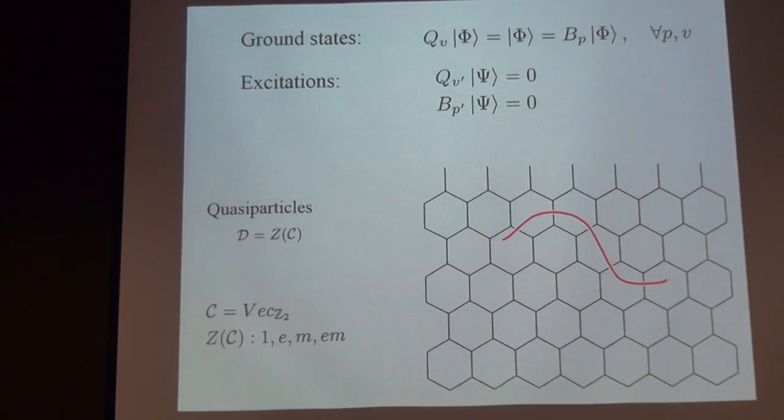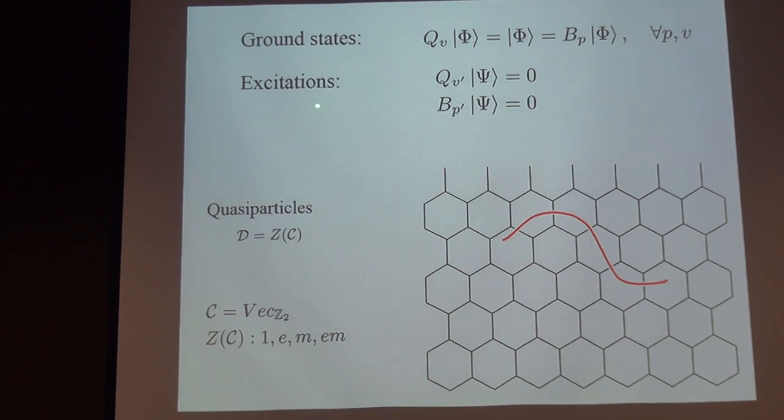As a result of these properties of the local operators Q and B, the ground states are the mutual eigenvectors of Q and B. If at some plaquettes, B, or at some vertices, Q, the eigenvalue is equal to 0, then these are excitations in the model.